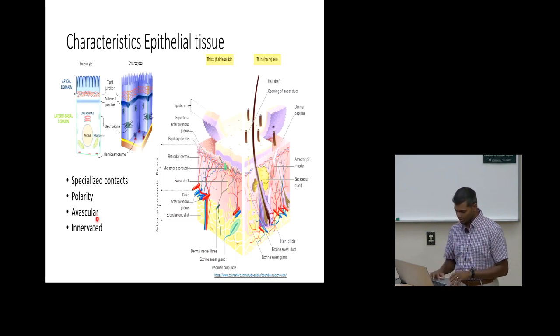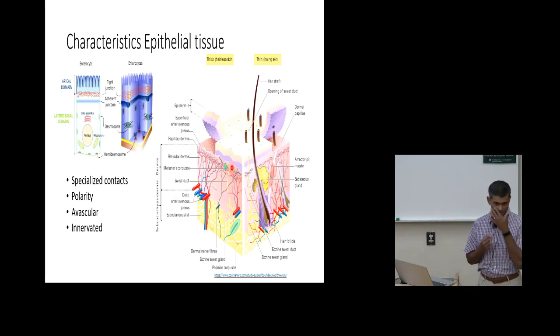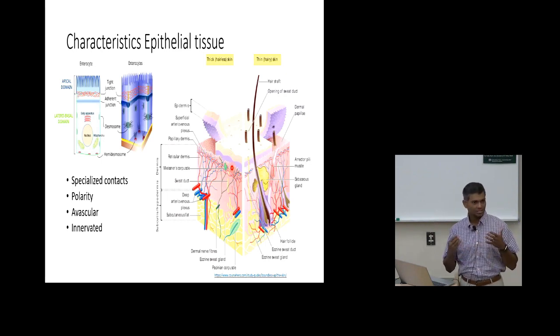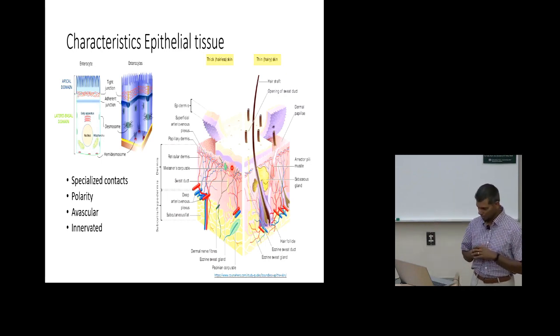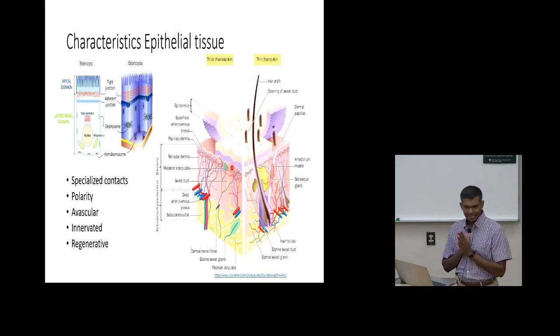And you will notice that there are a number of nerves which do innervate this epithelial tissue, and that's why the various senses of your body, like smell or touch, all of those signals can be sent to the brain.